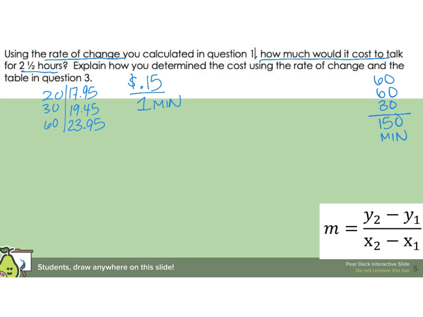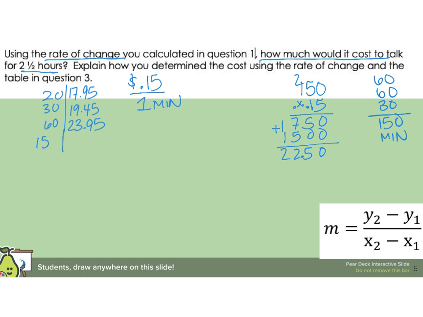So the first thing I want to do is just multiply, right? 150 minutes times 15 cents a minute. I get 0, 25, 7, 0, 0, 5, 1. Add these up, 0, 5, 12. So it should cost me $22.50 for 2.5 hours.